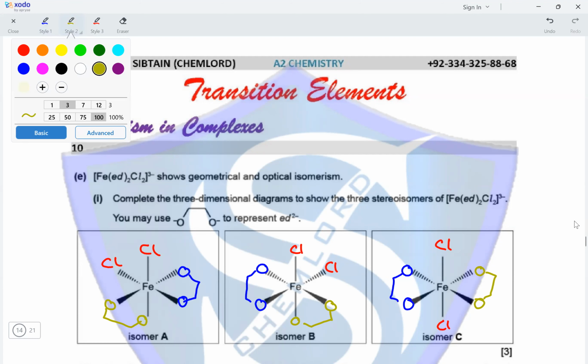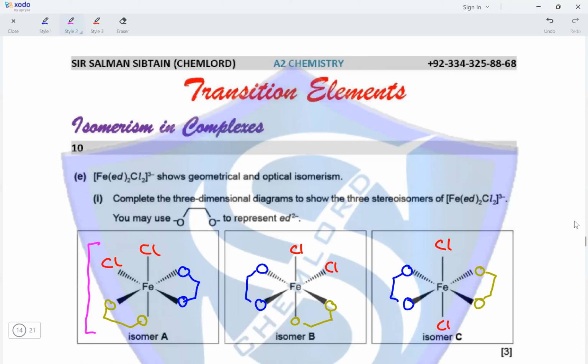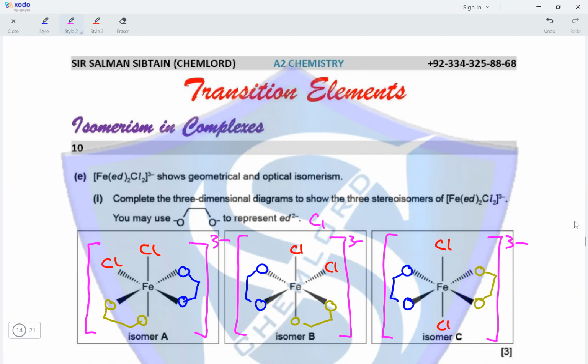Now, in order to complete the overall charge of the ion, we would make square brackets and a 3− charge placed outside of the square bracket, since this particular ion has a 3− charge on it. So, completing the labels, this is a cis isomer, this is a trans isomer, and these two are optical isomers of one another.